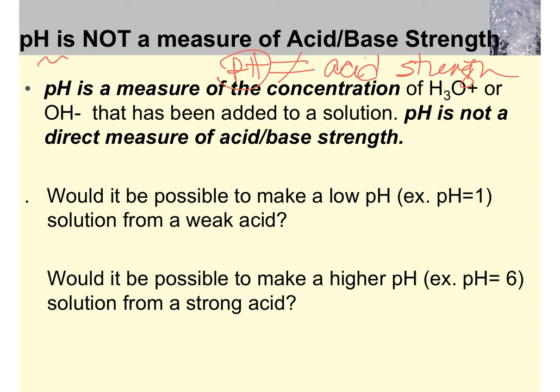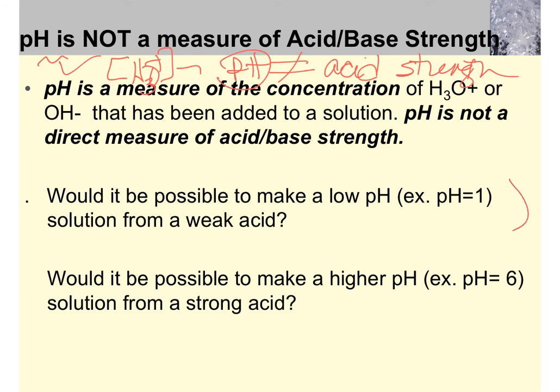It simply tells you what the concentration of hydronium ion is. And a high concentration of hydronium ion doesn't necessarily come from a strong acid. It could come from lots of weak acid being dissolved in water. So just keep in mind that pH is not the same thing as acid strength.